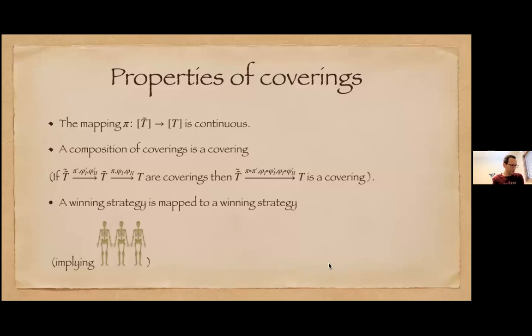And the last property is the third element of the skeleton of the proof, which says that if I take a winning strategy of the covering game, then it is mapped to a winning strategy of the covered game.